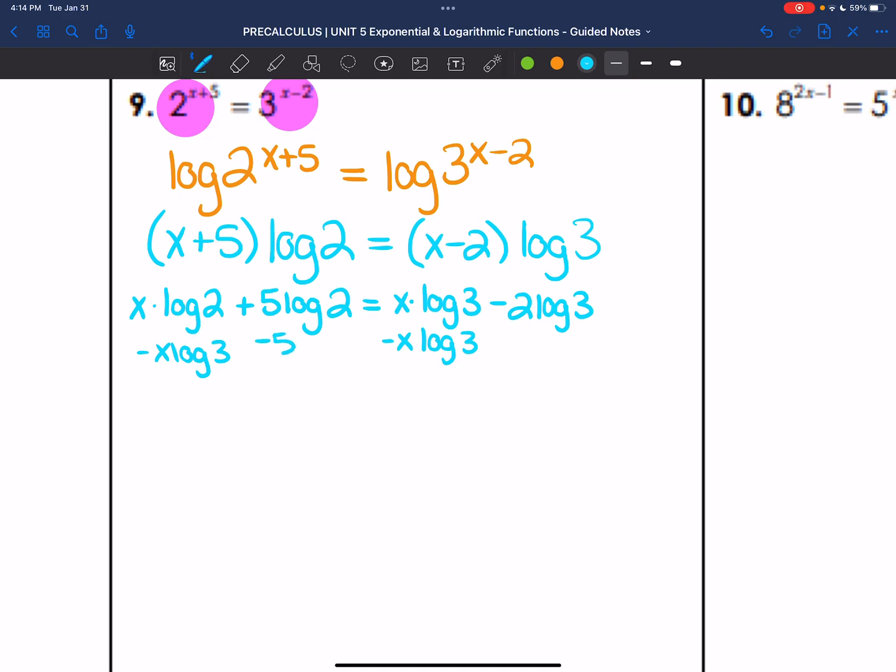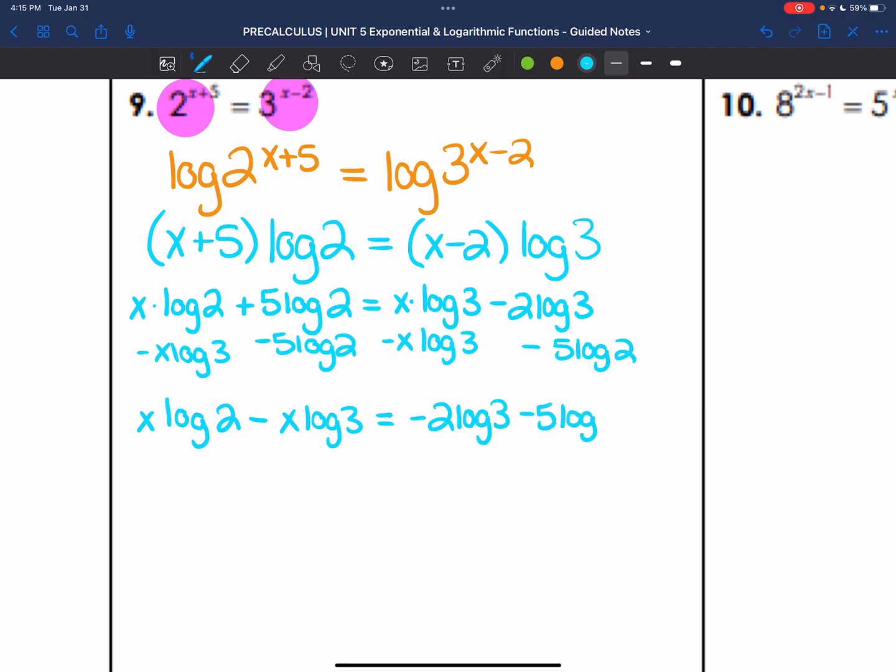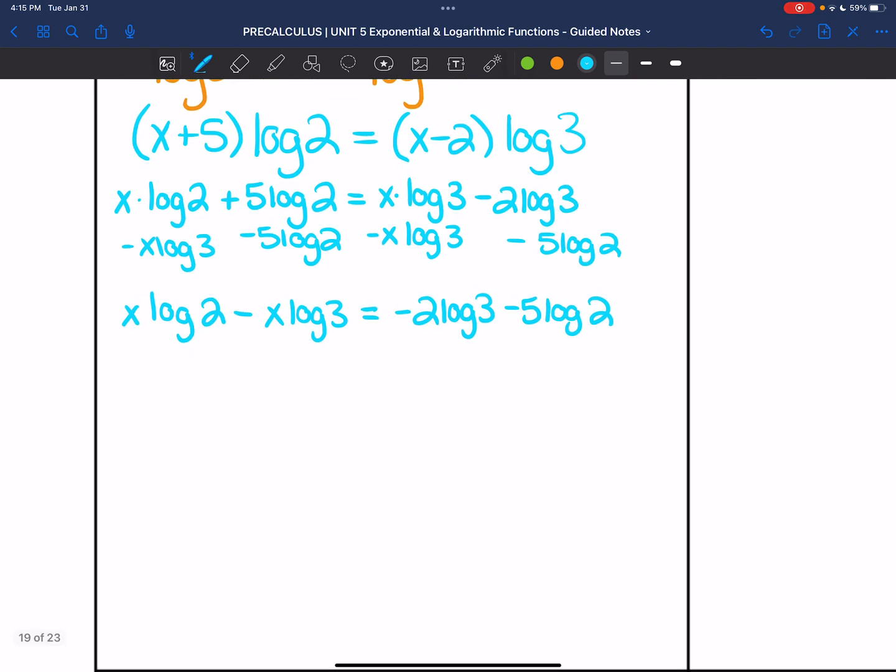I'm going to subtract the 5 log 2 from both sides. So those will move so that I have my x log 2 minus my x log 3, and then I'll have my negative 2 log 3, and then minus the 5 log 2. Do you see how those that have the variable are on one side and those without the variable are on the other side? That's our goal here.